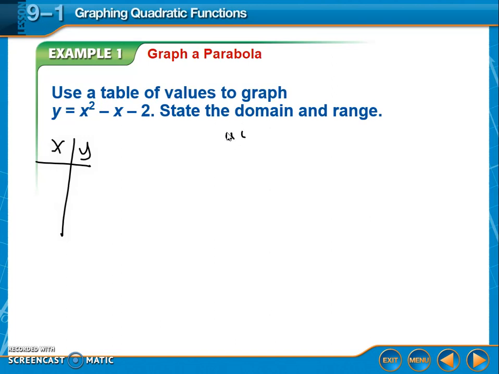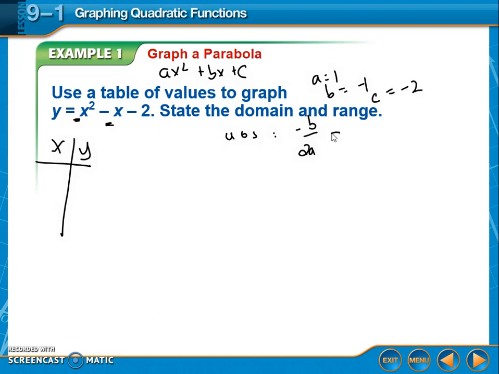So remember, the axis of symmetry was negative b over 2a. So looking at this, if this is of the form ax squared plus bx plus c, we can say a is 1, b is negative 1, and c is negative 2.